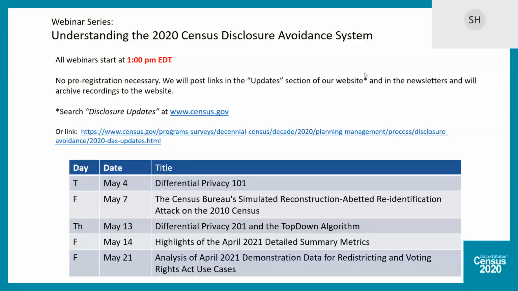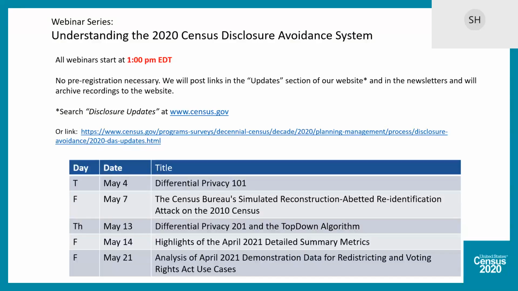And so the way we developed that for the tuning runs that we were doing was to start with the primary use cases for the PL94-171 redistricting data, and that's for the purposes of redistricting and for enforcement of the Voting Rights Act.